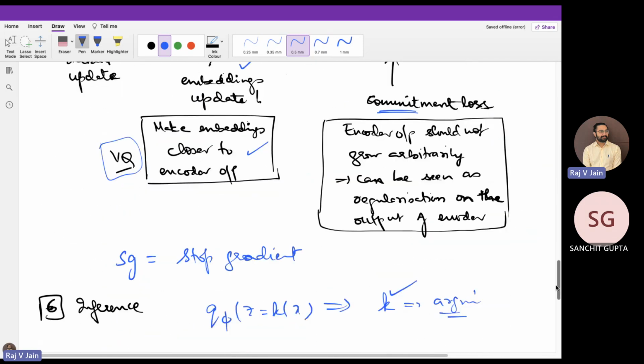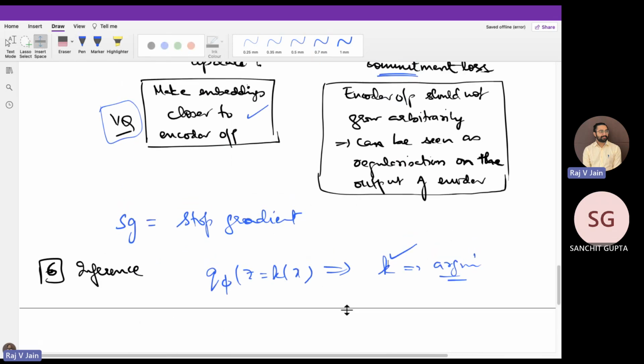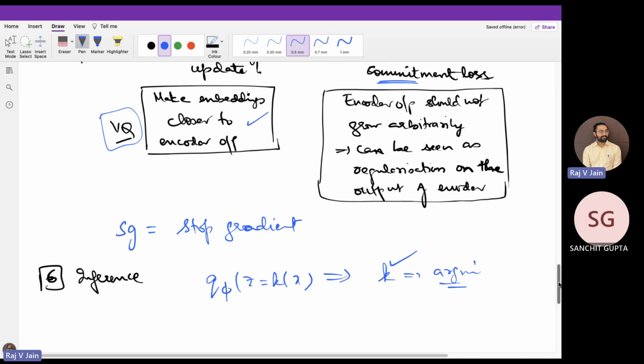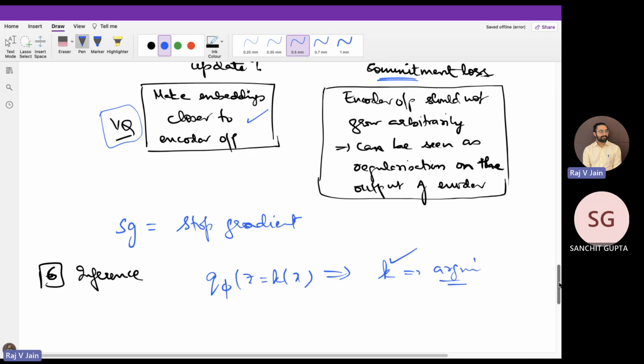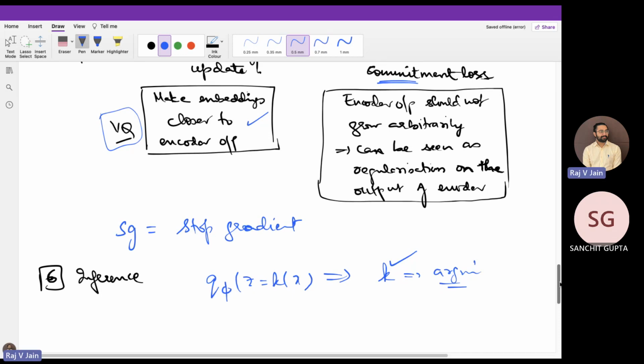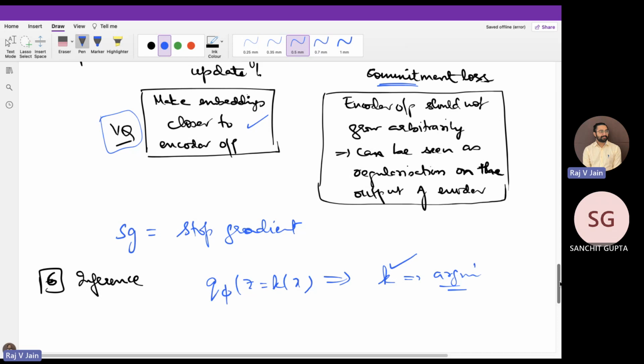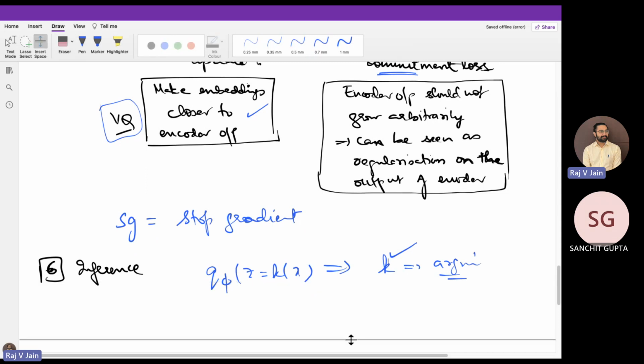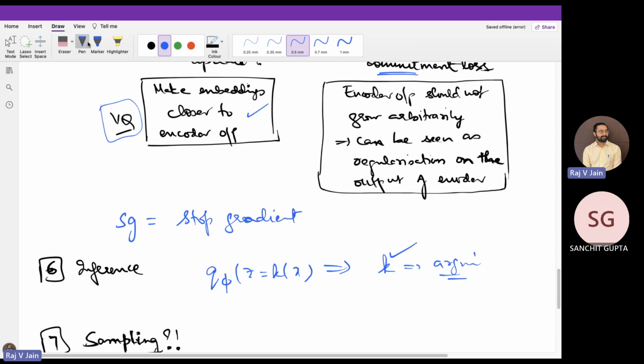Because they're all quantized, I can choose one of these, and that's the maximum I can do. There are only K, so you'll get only K outputs, but that's not what you want. So what the authors propose to do here is something like this.